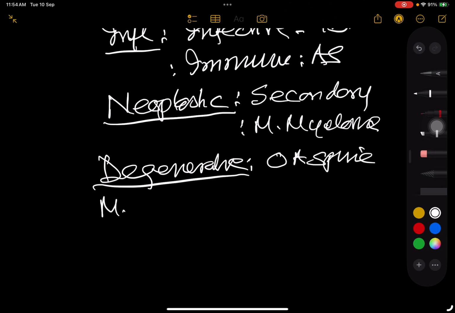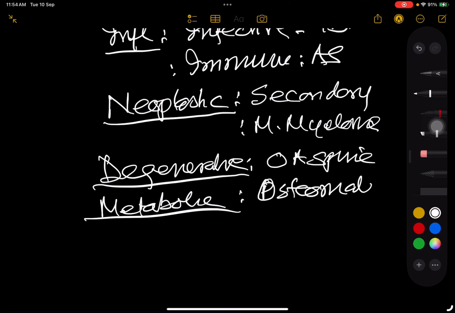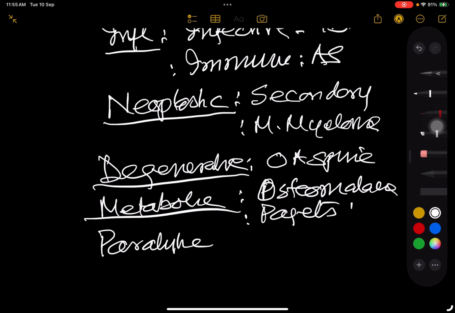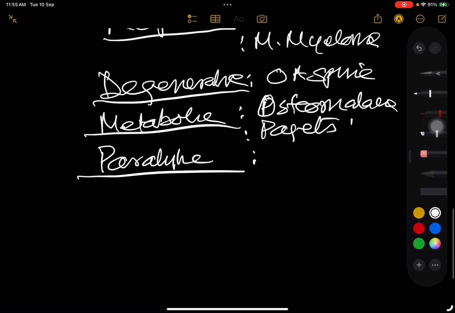Then there is metabolic. Metabolic is basically, say, osteomalacia first. Then you can say Paget's, and then there can be a paralytic involvement of spine causing scoliosis or muscle imbalance.